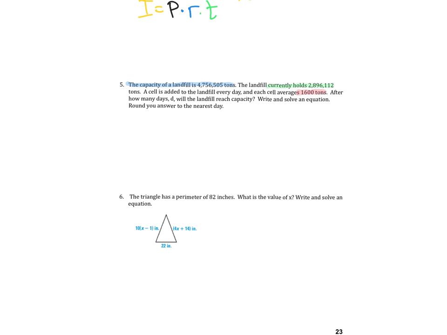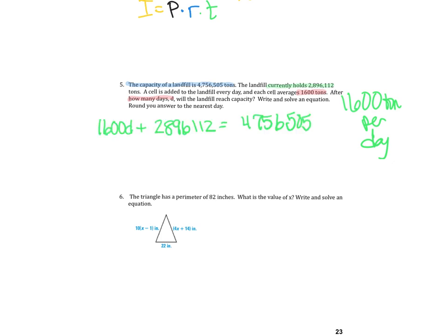So 1,600 tons are added per day. So there's the unit rate, let's write that in. 1,600 tons per day. So there's your unit rate, and we're going to multiply that by the number of days. So see if you can write this equation.